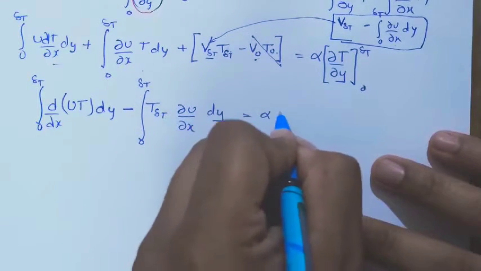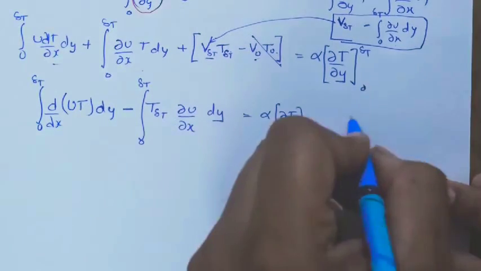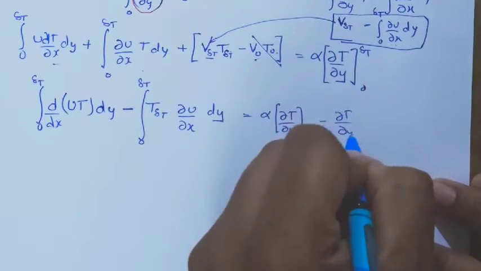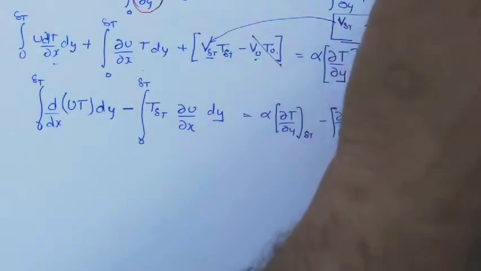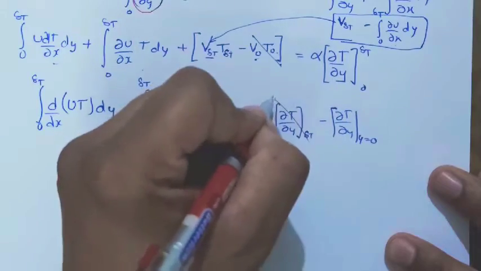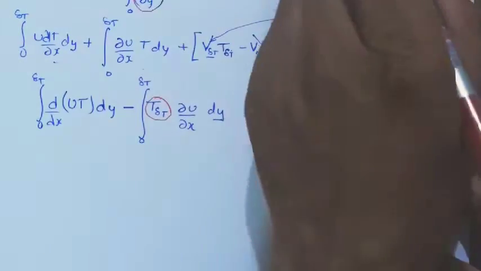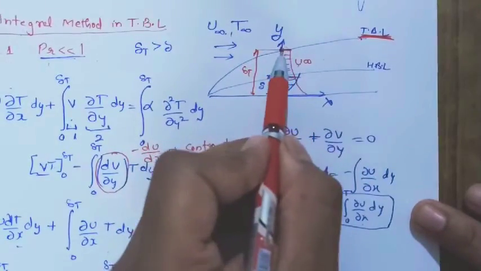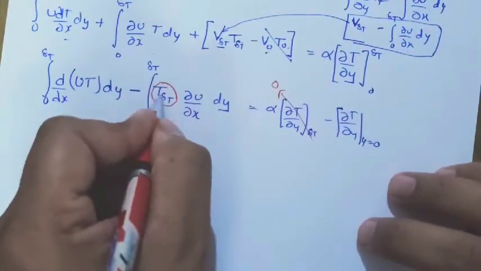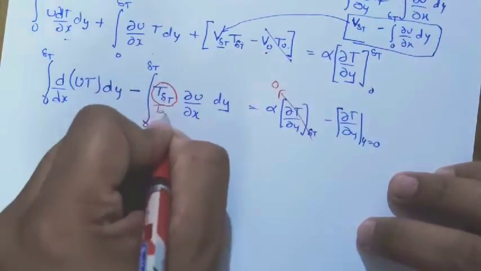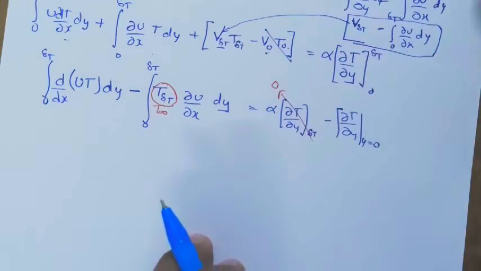And on this side we have the value at delta T minus at y equal to 0, right? So this term will be 0, and the value of T at delta T is T infinity, so I can write T of delta T as T infinity, right?